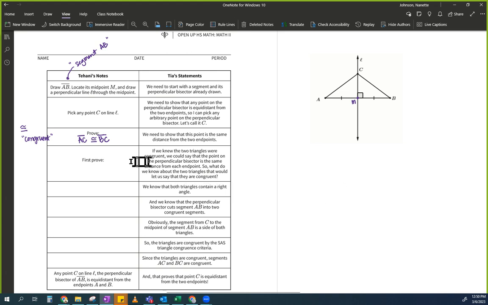Okay. So then this is what Tia's statement is. If we knew that the triangles were congruent, we could say that the point on the perpendicular bisector is the same distance from each endpoint. So what do we know about the two triangles that would let us say that they are congruent? We want to prove that these two triangles are congruent.